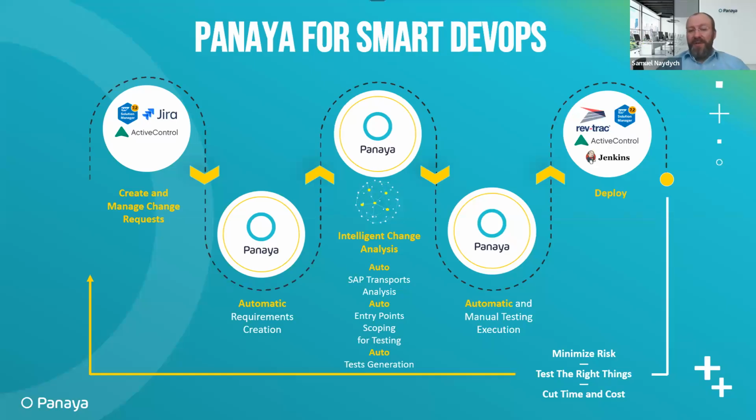Now, at this stage, I would like to introduce how Panaya can help to handle this kind of process, especially with so many streams at the same time. This is the Panaya Smart DevOps plan. Usually you can use Panaya from the start, but I just wanted to highlight that Panaya can also be integrated with any other solutions.